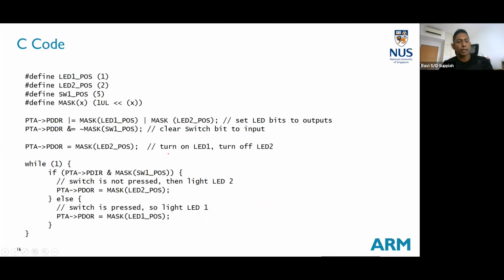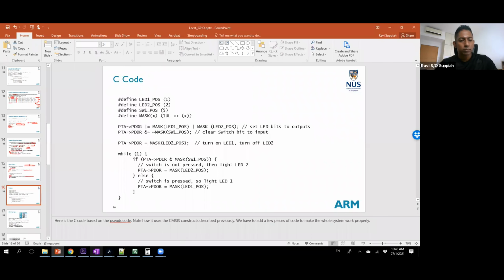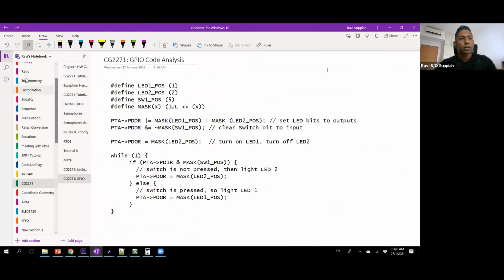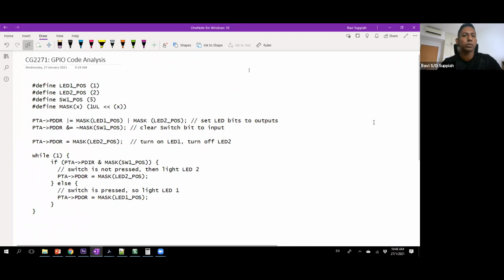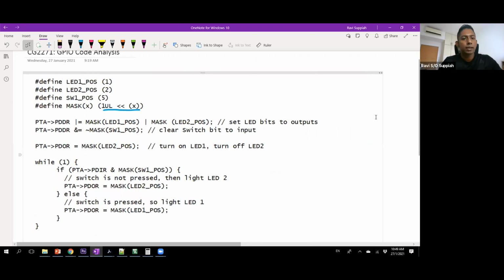Let's look at the C code over here and try to understand what is happening. This is the same C code that we saw there. So what is happening here? The first thing is we have defined a mask, which is 1 shift left by the value that you pass in X. Now for the first line over here, let me go through in detail first.